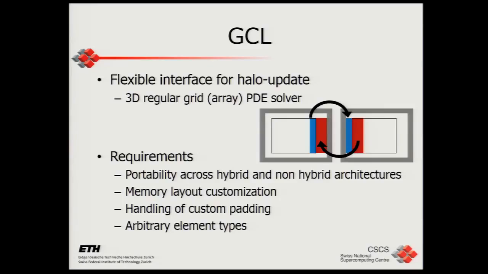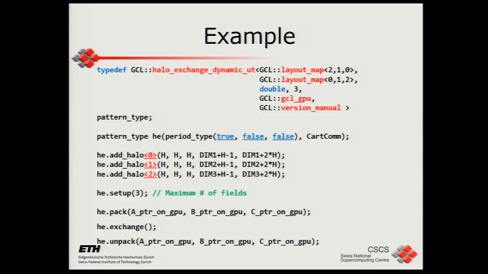To do this in GCL, we basically had to use C++, which is the only language that allows reaching good performance and flexibility at the current state. So, let me give you an example of what the code looks like. We basically define a pattern, which is a halo exchange dynamic.